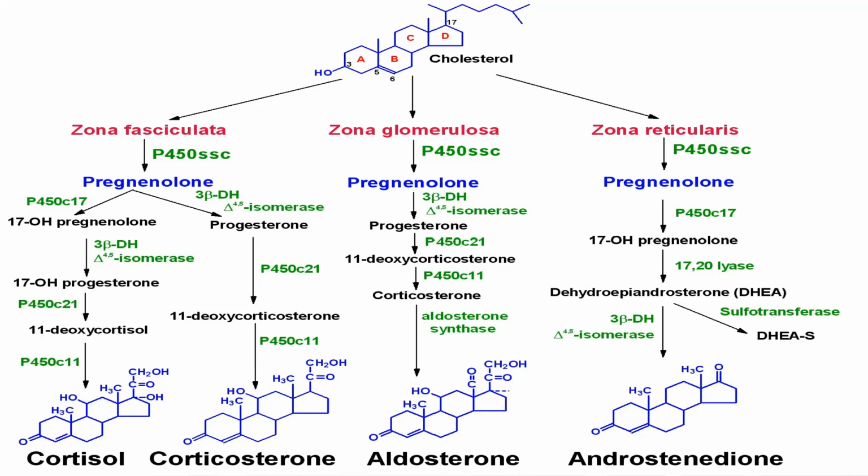Let's say, for example, for cortisol, the cytochrome P450 C17 is the one that will convert our pregnenolone to 17-hydroxypregnenolone. And the 3 beta hydroxysteroid dehydrogenase, the 4,5 isomerase, is the one that will convert it into what we call 11-deoxycortisol, okay, to convert it into your cortisol.